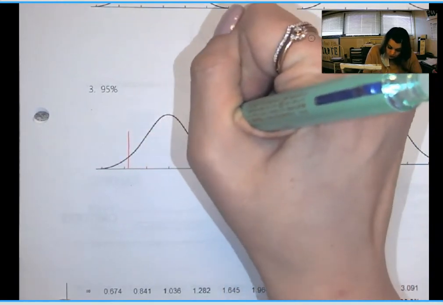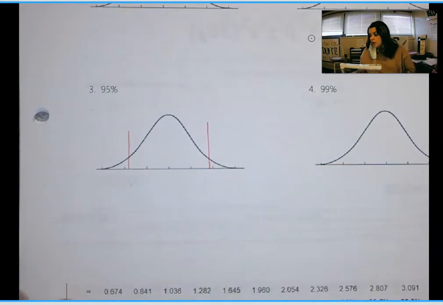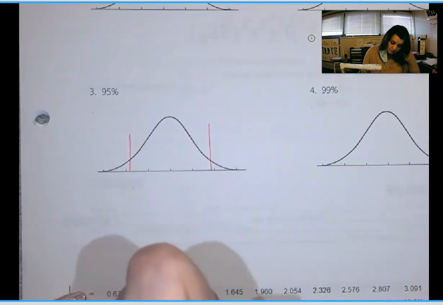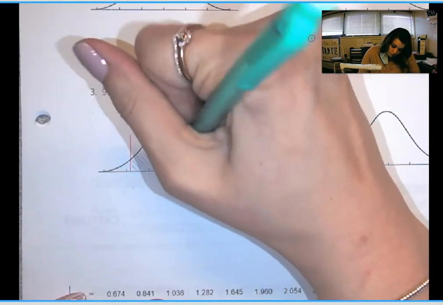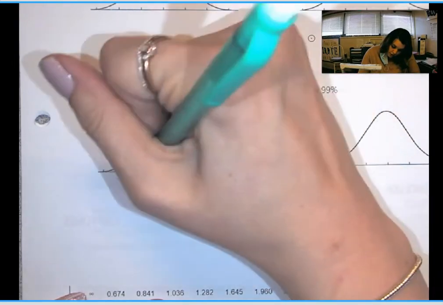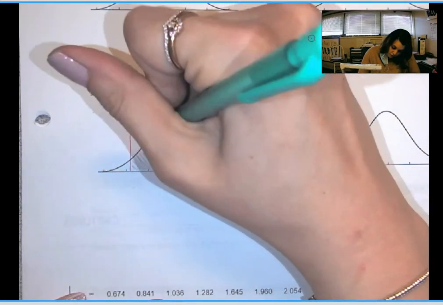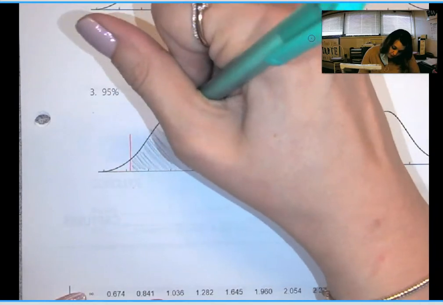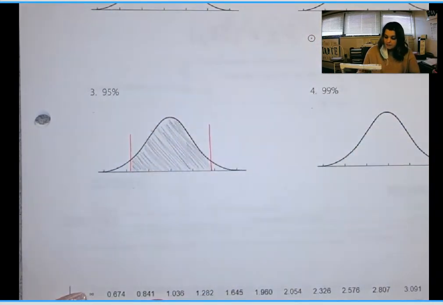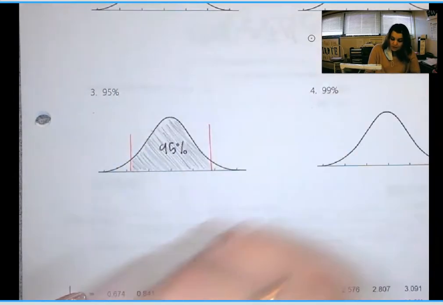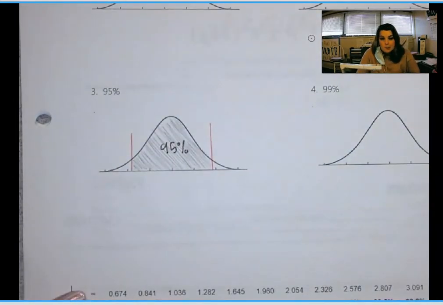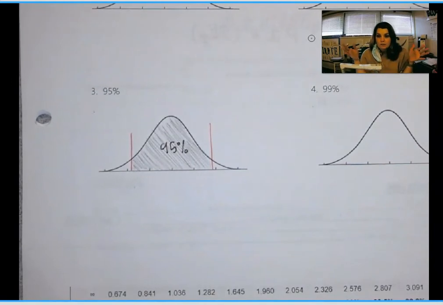So you don't have to draw these flags yet if you don't want to. But we are trying to find the z-values that match this situation. A 95% confidence interval means that 95% of your data is within z amount of standard deviations.